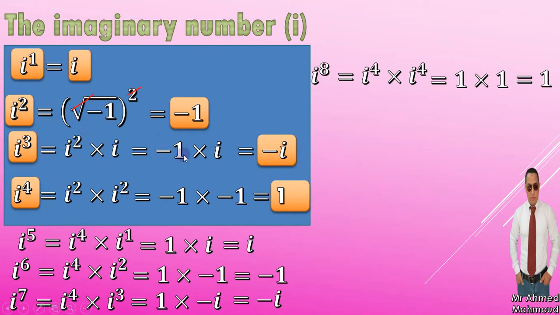For example, i power 12 equals 1 because 12 equals 4 times 3. i power 16 equals 1 because 16 equals 4 times 4. i power 20 equals 1, i power 24 equals 1, i power 28 equals 1, and so on. So any power divisible by 4, or in table 4, or a multiple of 4, equals 1. Don't forget this one. Now let's solve the next question.